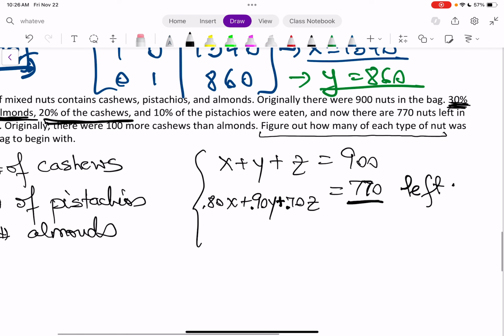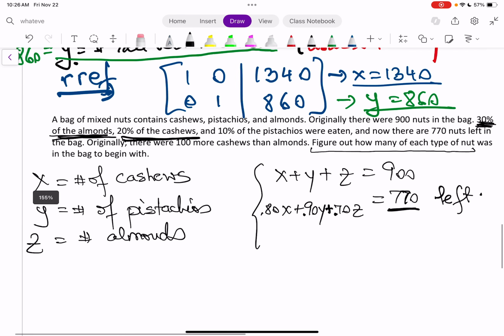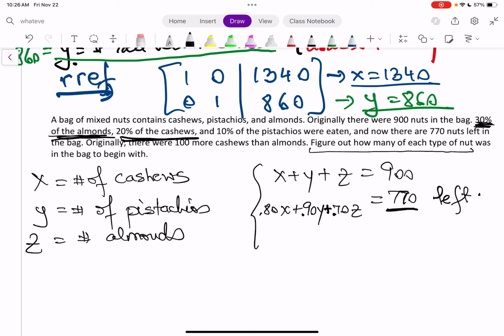So this is what's left: 80% of cashews, 90% of pistachios, and 70% of the almonds. Originally, there were 100 more cashews than almonds. So the cashews were 100 more than the almonds.